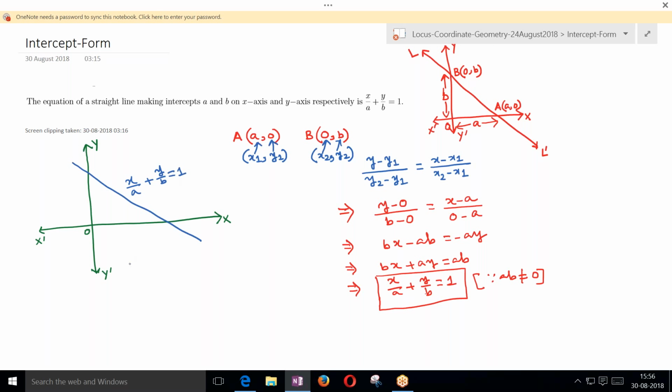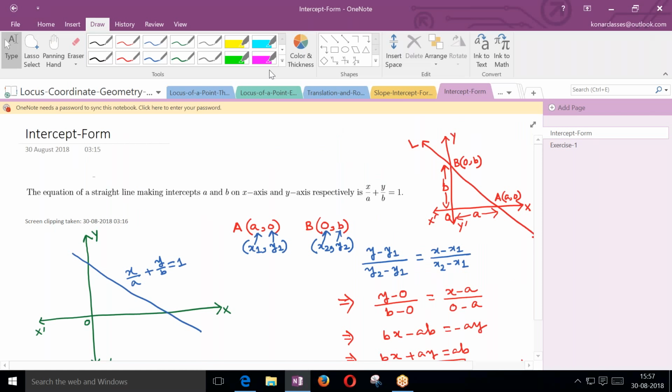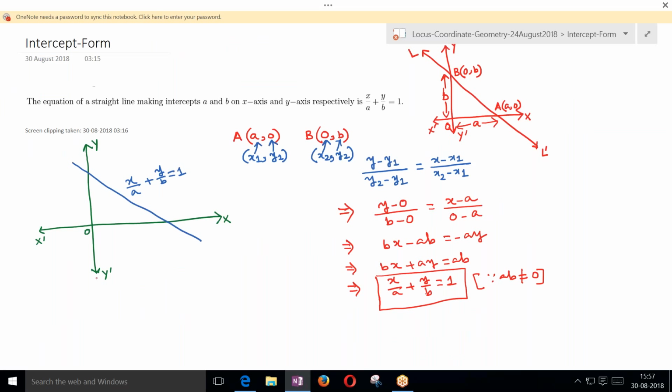Now it may be possible that we have an equation where the straight line is passing through, here a is positive, but b is negative. Then this equation will be x by a, but the y-intercept is negative.